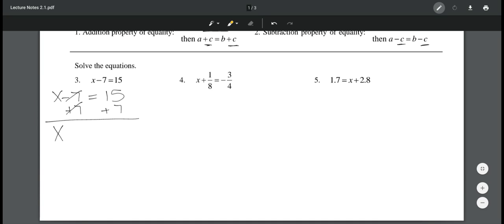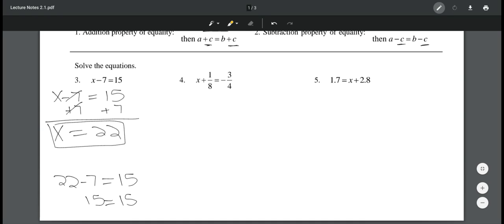A -7 and a +7 will cancel each other. And then 15 plus 7 gives me 22. Now, when I check my answer, 22 minus 7 should equal 15, and it does.